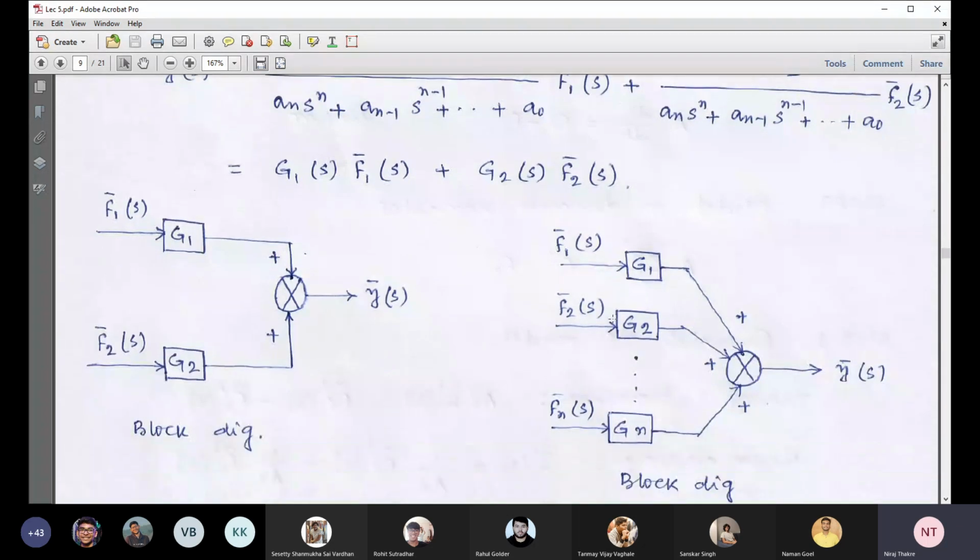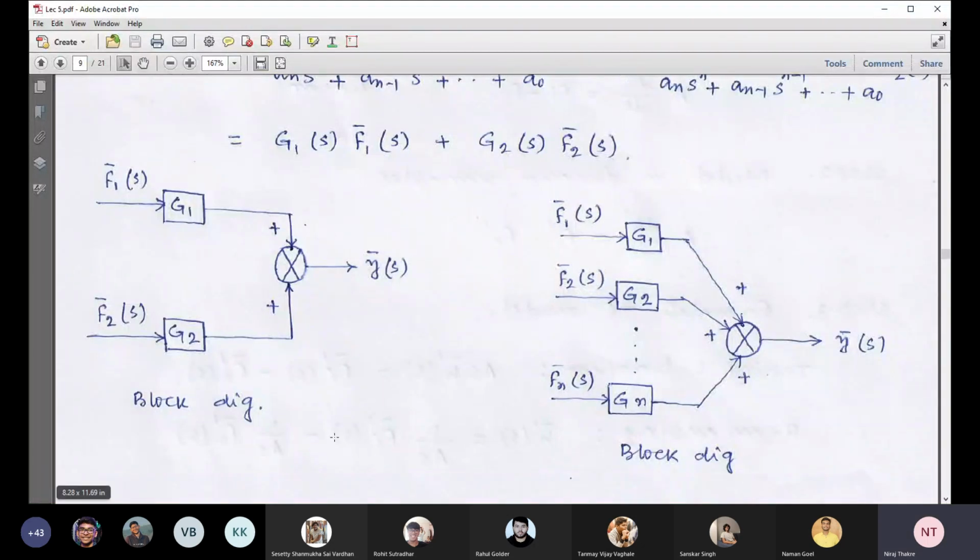You see the block diagram for this MISO system is shown on the left-hand side. I think there is no difficulty to understand it. We are just adding these two. Okay, so this signal is basically F1 G1 and this signal is basically F2 G2.